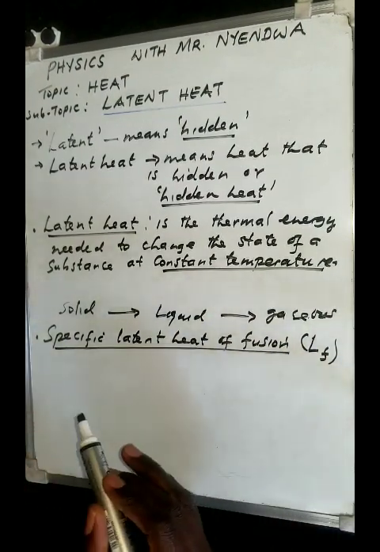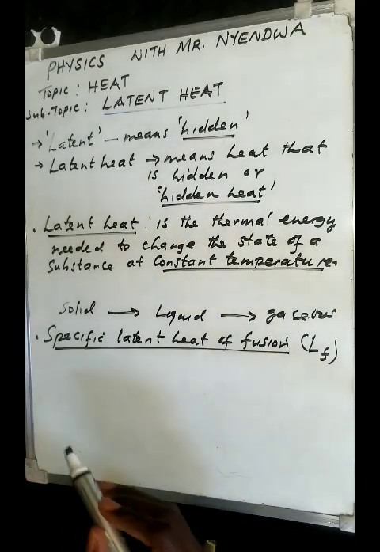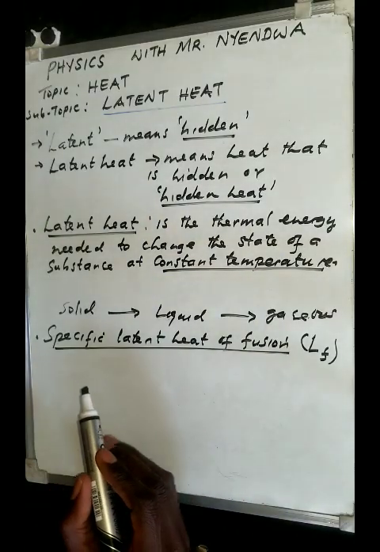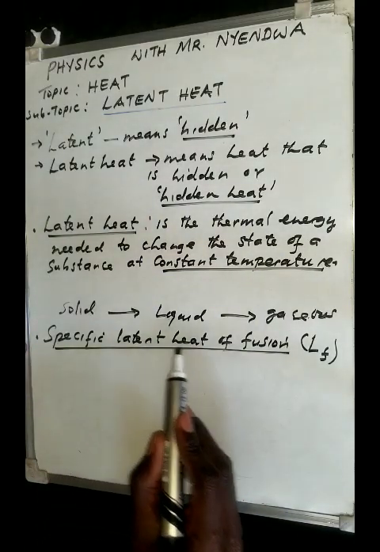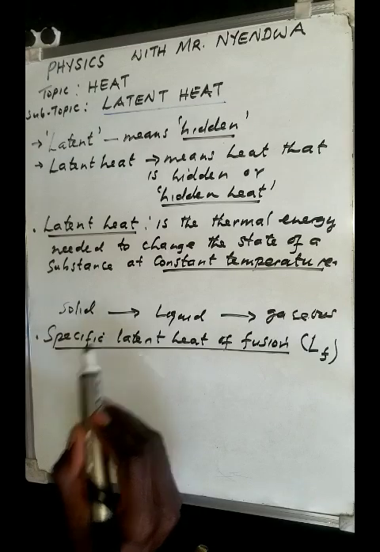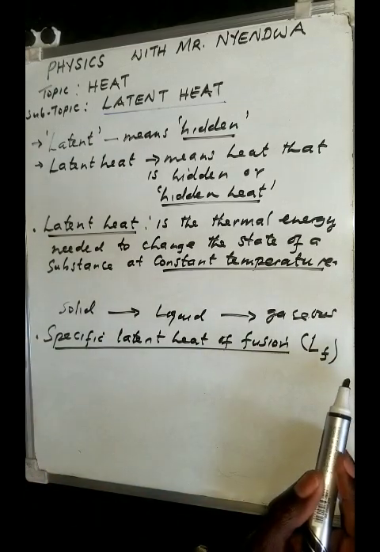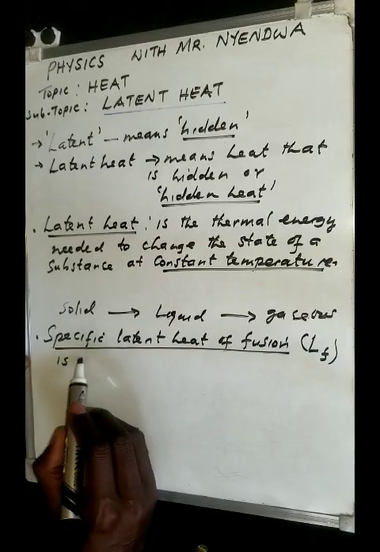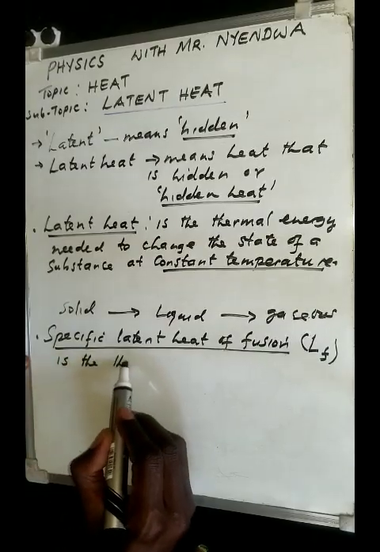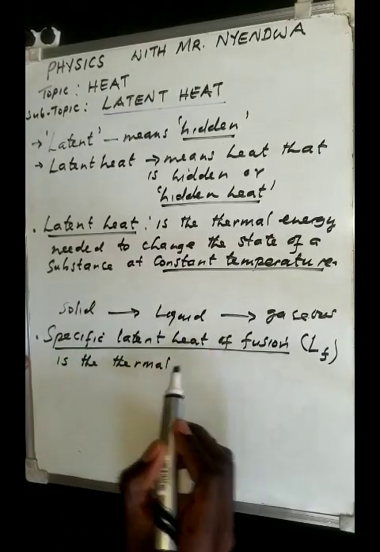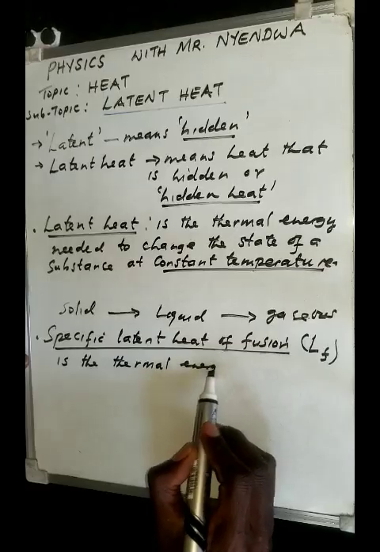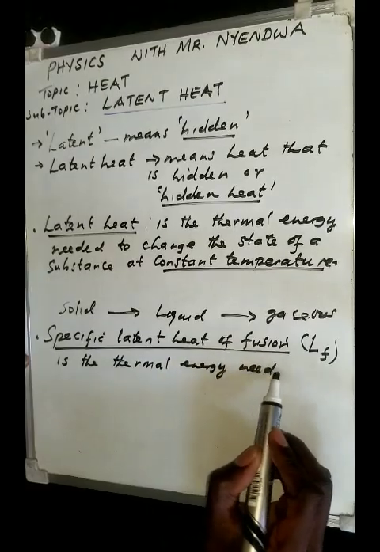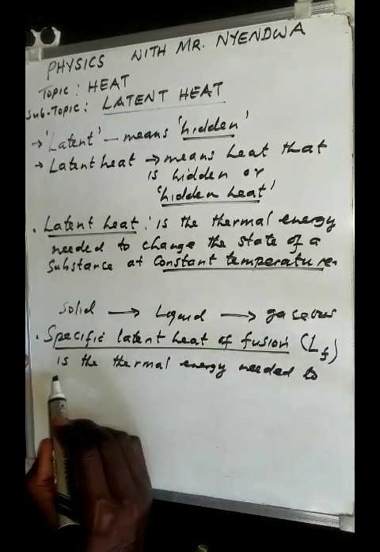Remember, these are just minor concepts that I'm giving you so that you can actually use them. When it comes to specific latent heat of fusion, remember we're using the word specific, so we are specifying.